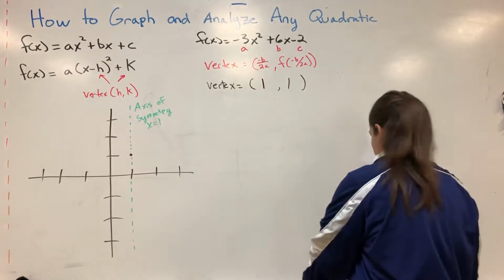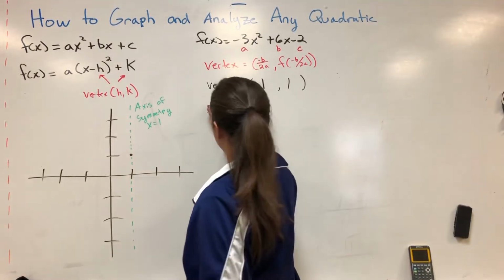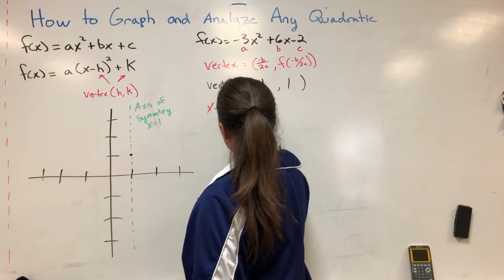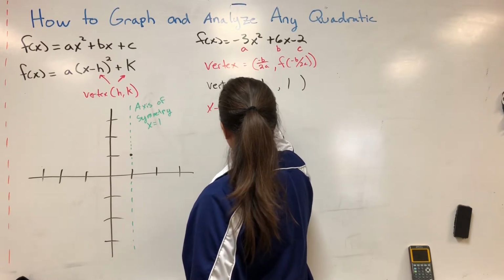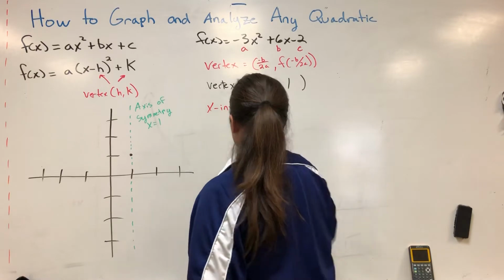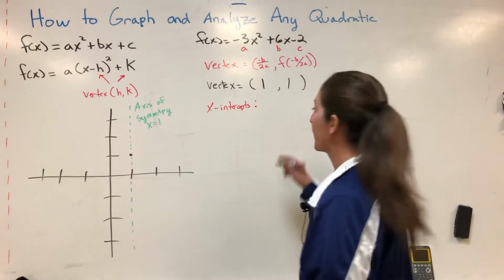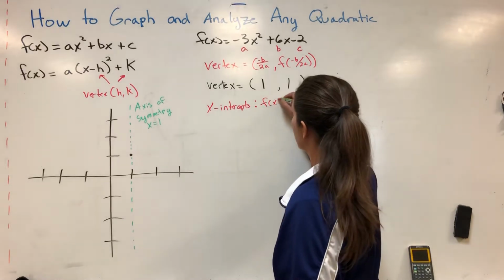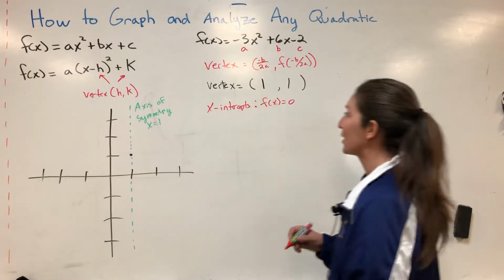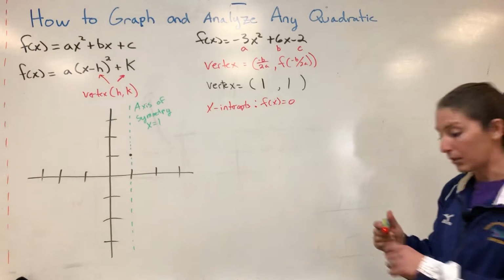So x-intercepts. X-intercepts occur when you set your function equal to 0. So for what x's do I get 0 when I set my function equal to 0?